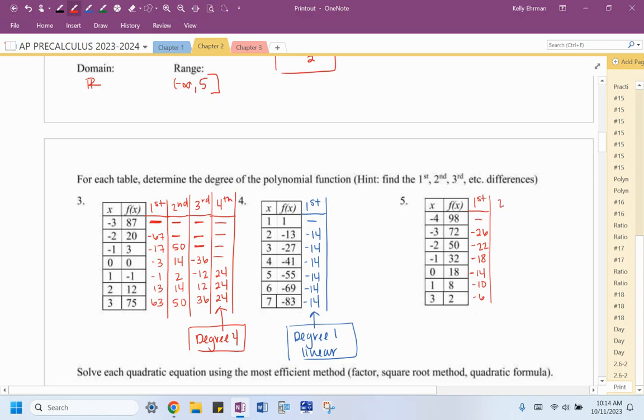Not linear. Negative 22 plus 26 is 4. Negative 18 plus 22 is 4. So again, you're going to get 4s for all of these. So because the second differences are constant, that makes this degree 2 or quadratic.